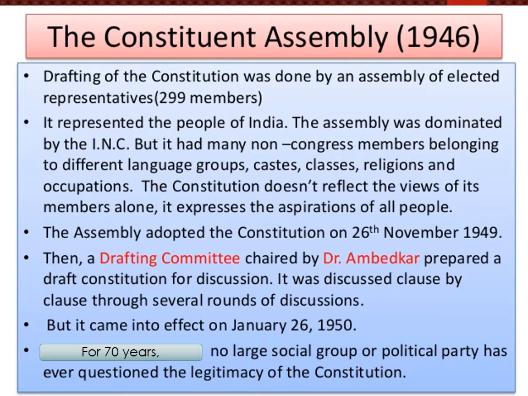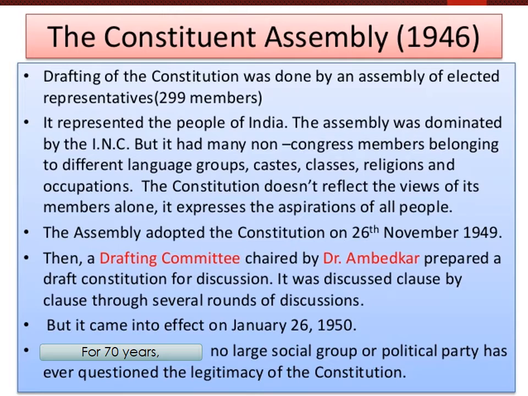The Constitution does not reflect the view of its members alone, it expresses the aspirations of all people. And you must know that we adopted the Constitution on 26 November 1949.